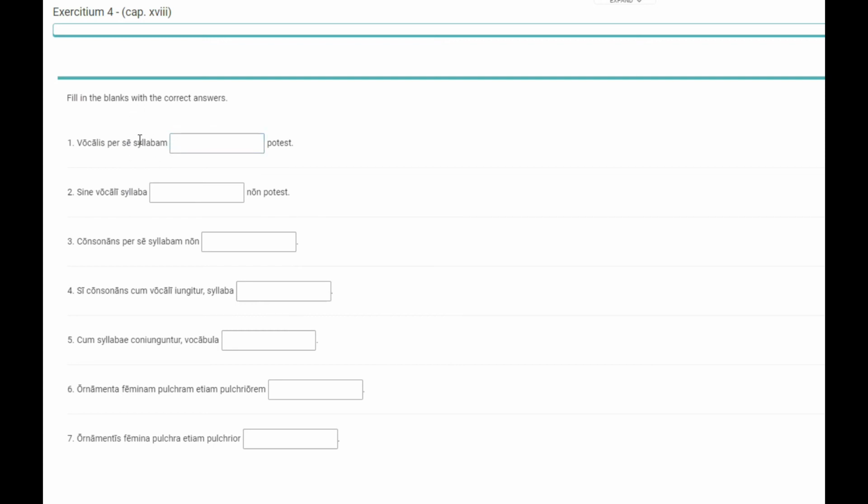Syllabam here, accusative, right? So I think you would agree that the right one here will be: a vowel in itself is able to make a syllable. So I'm thinking that that is the correct answer for the first one.